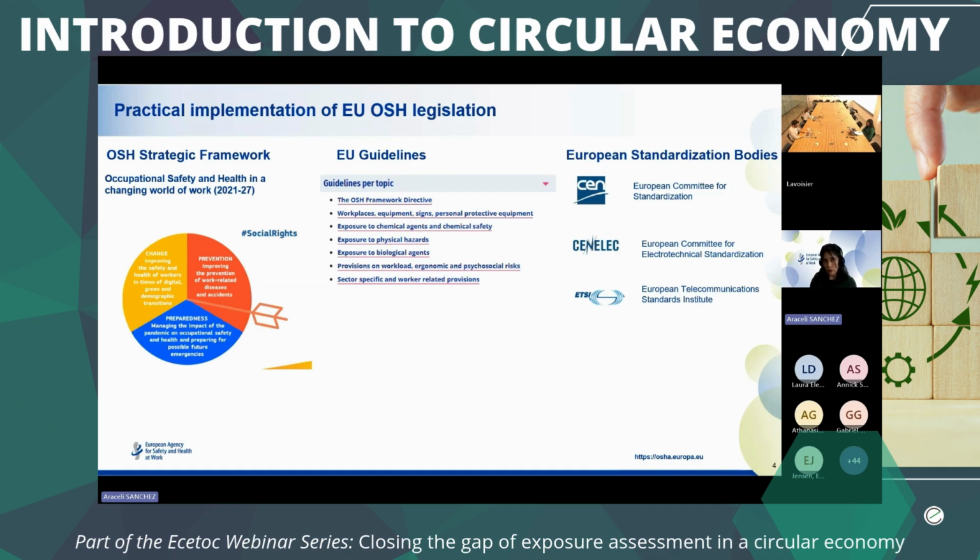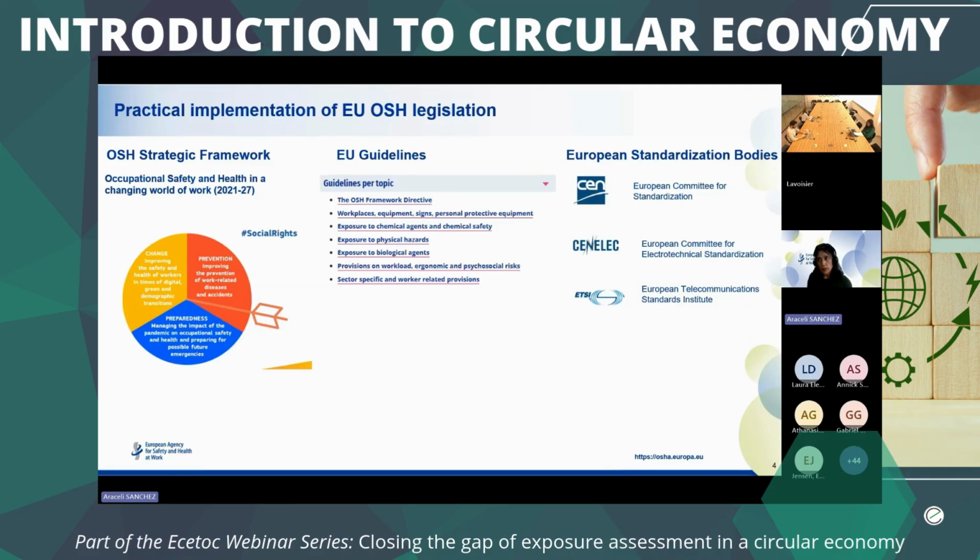For example, the last one, approved in 2021, focused on the risks derived from working with digital platforms, and also the risks derived from the green and demographic transitions. Apart from that, there are also specific guidelines for the directives. This is just a list with the categories of guidance from our website in EU-OSHA, where you can have a closer look. And then there are also standardization bodies.